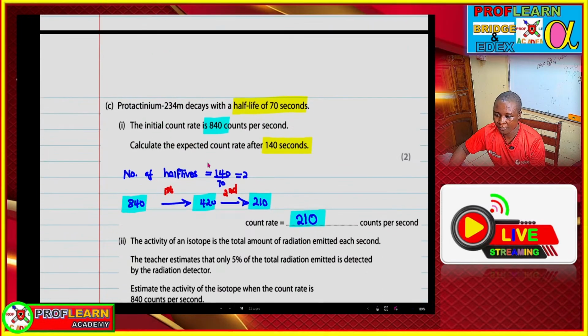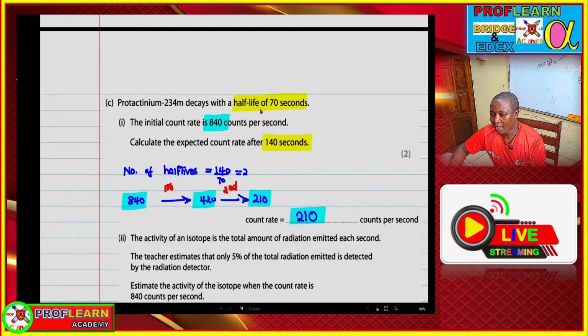Let's talk about half-life. Remember, half-life is the time taken for the activity of a radioactive substance to decrease by half. Here we are told the half-life is 70 seconds, and the initial count rate was 840. We are supposed to calculate the expected count rate after 140 seconds. First, we need to understand how many half-lives are in 140.